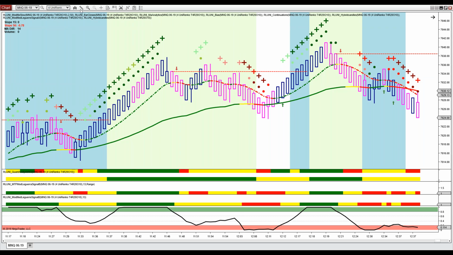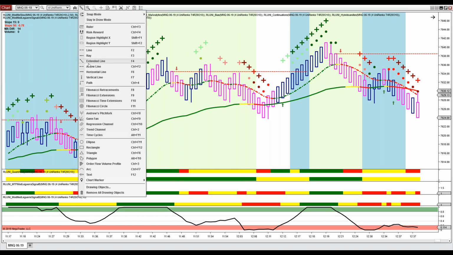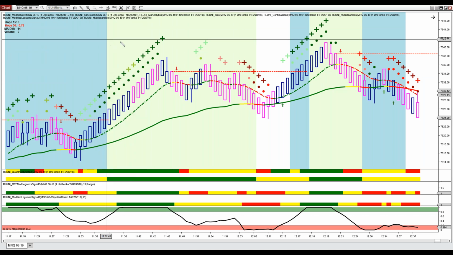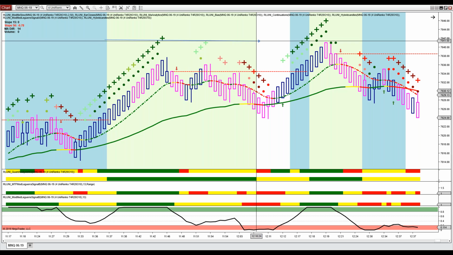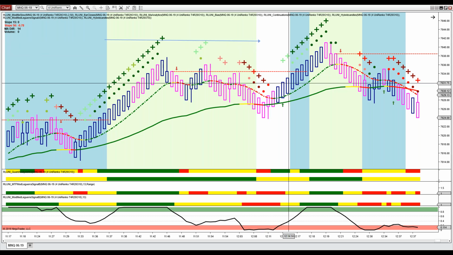I'm going to take most of my long trades when this is green. And remember, this is not looking at price on our trading chart. I don't care what price is doing. I only care what the higher time frames are doing, because that's the direction that price is going to go.